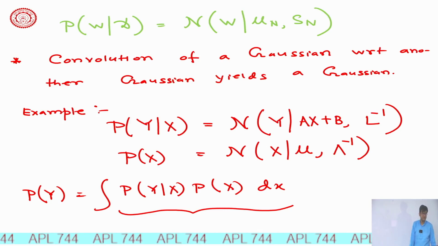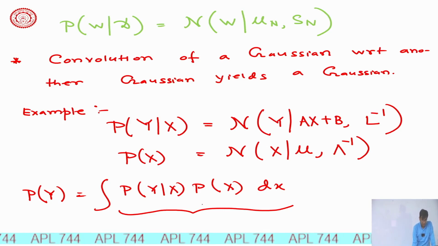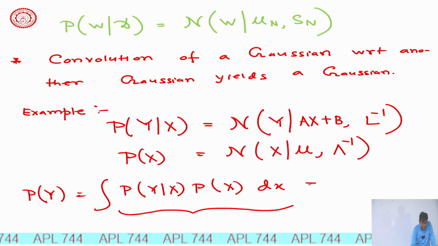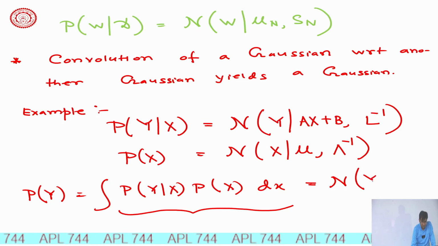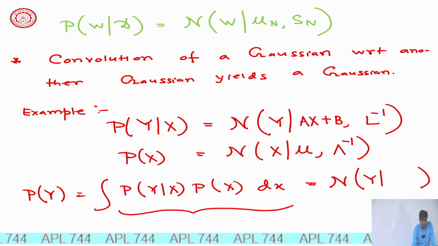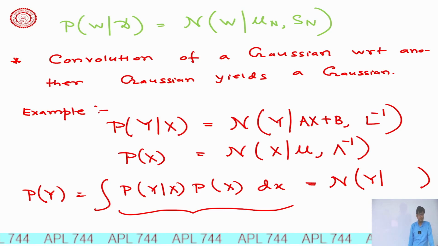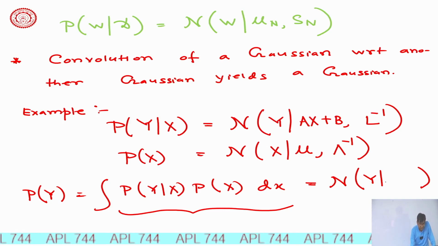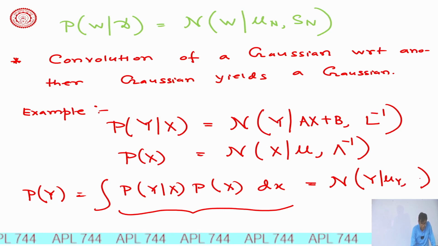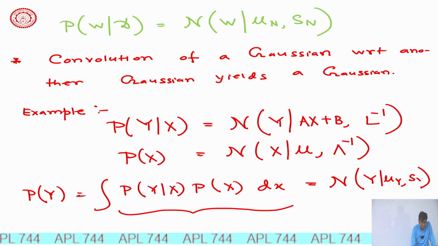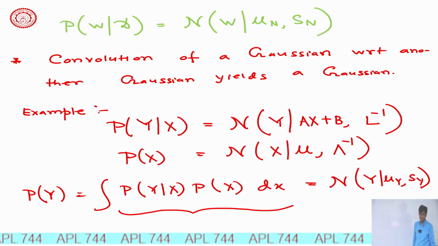Okay. And whenever it happens, in this form you will get this to be Gaussian of y given the parameters I am not writing right now, we will derive it. Okay. Let us call it mu y and I do not know s y maybe. Okay. We will derive it.